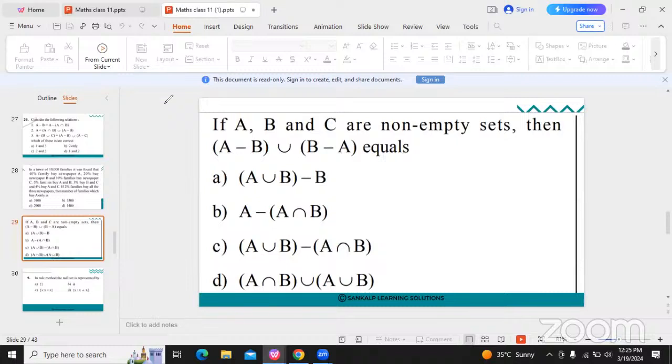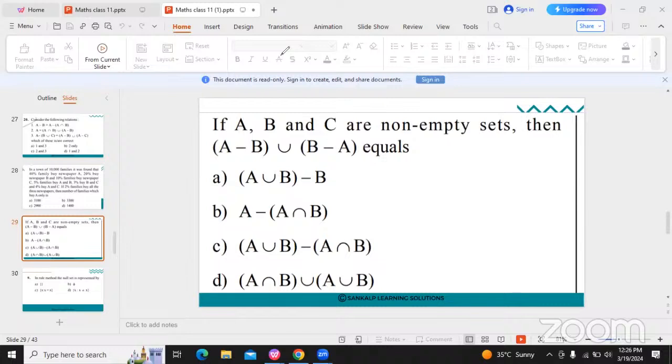If A, B, and C are non-empty sets, then A minus B union B minus A equals what? Quick again, 10-15 seconds for you.